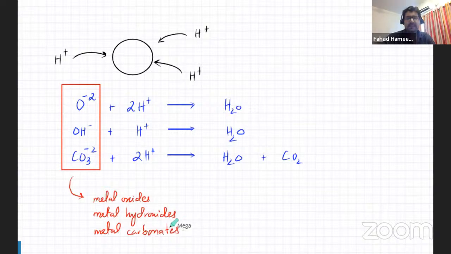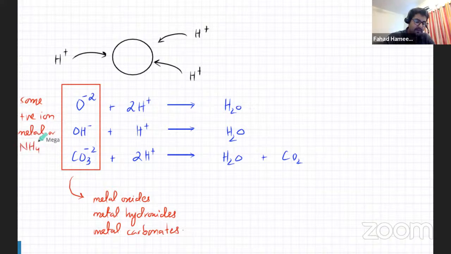Or it's not even necessarily a metal. It could be some other positive ion, like ammonium. Ammonium hydroxide would also be a base.